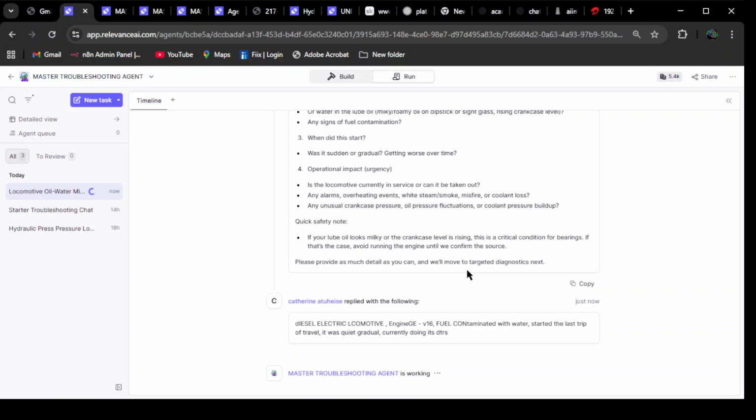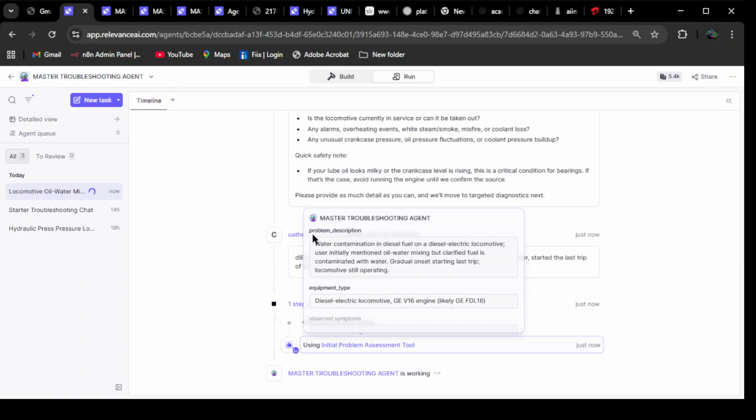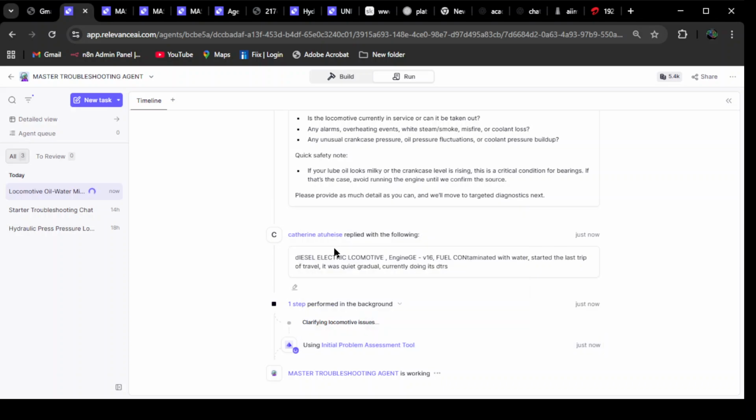It's working. So there it goes. It's performing a step. The initial problem assessment tool is being used.